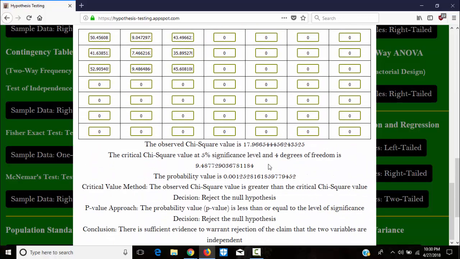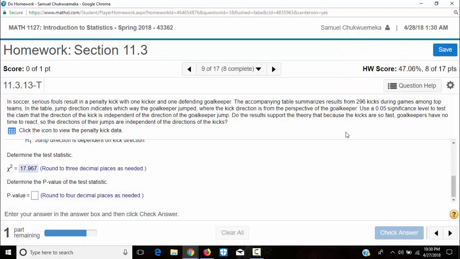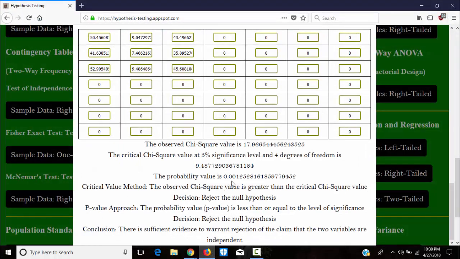The test statistic to 3 decimal places is 17.967. The p-value to 4 decimal places is 0.0013.